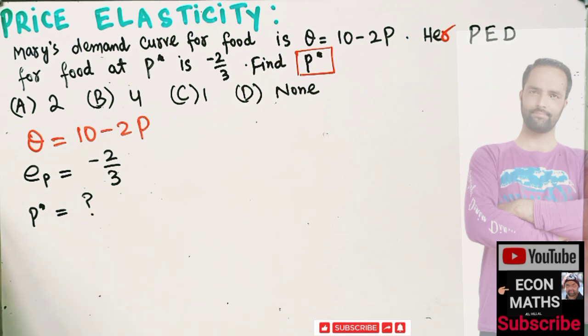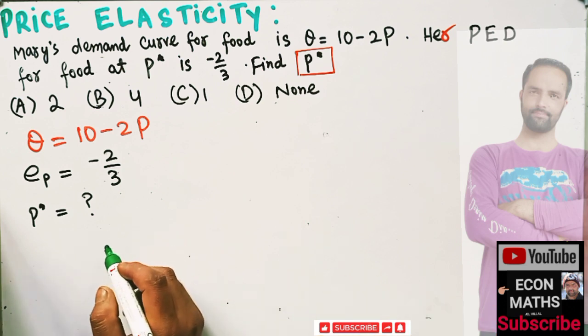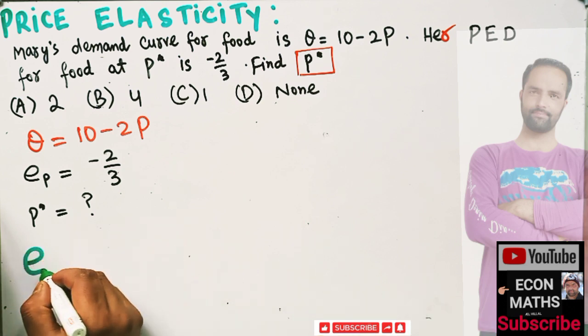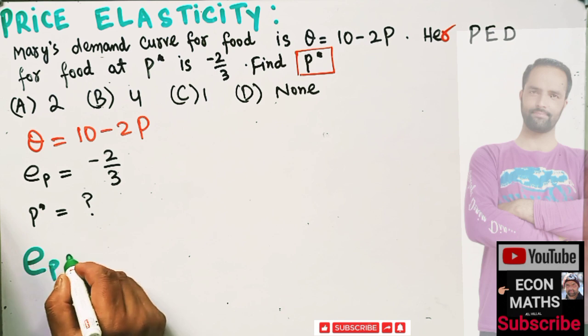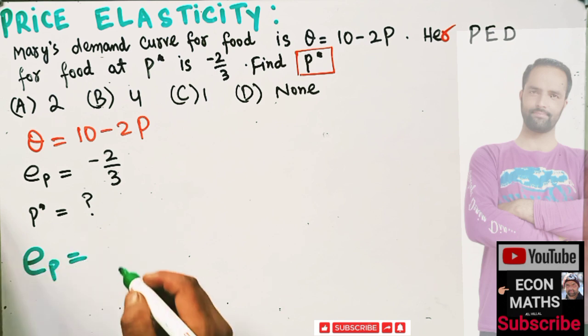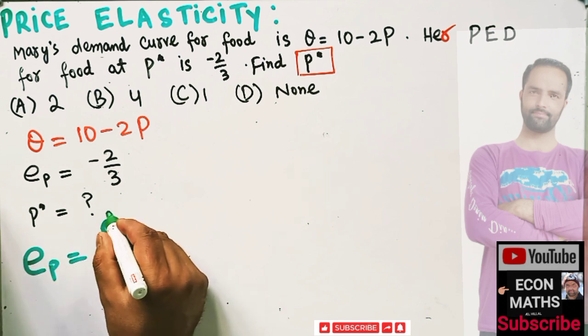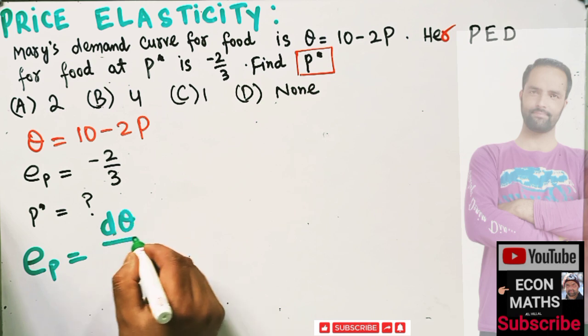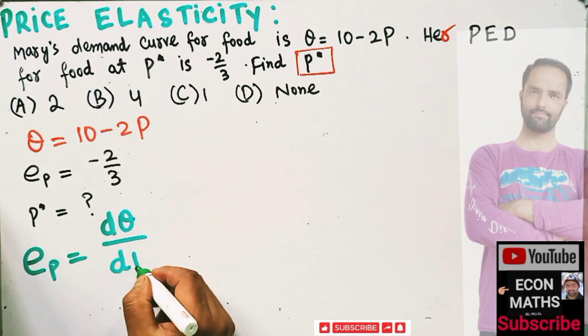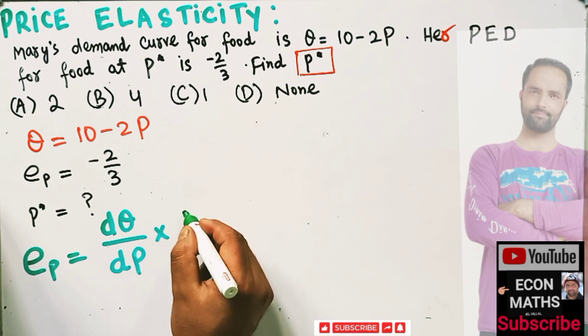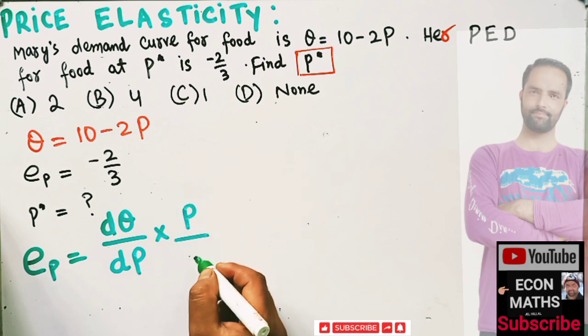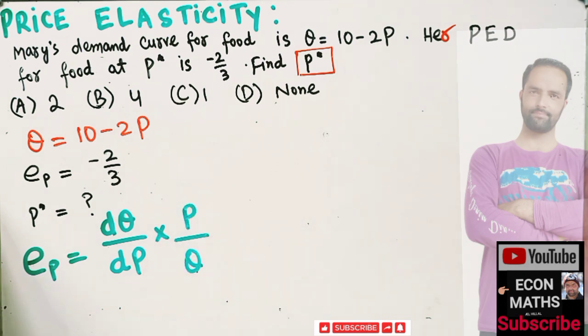So what is the formula for finding out the price elasticity of demand? We know elasticity of demand is simply dQ upon dP into P upon Q. This is the usual price elasticity of demand formula.